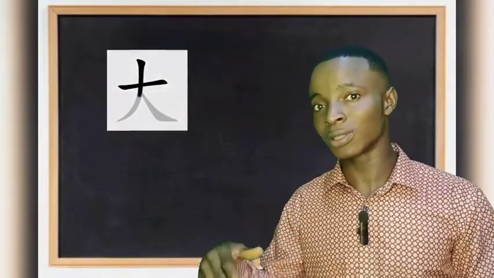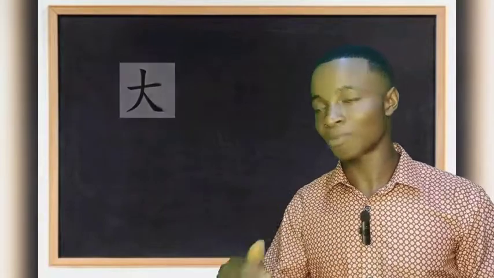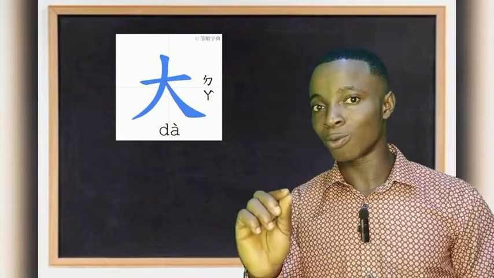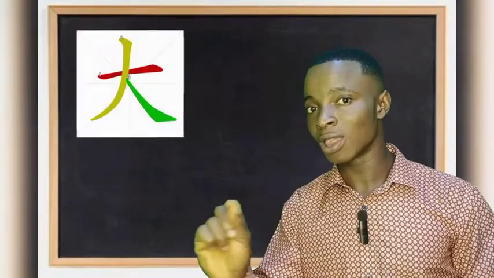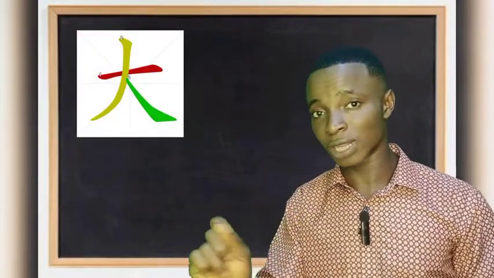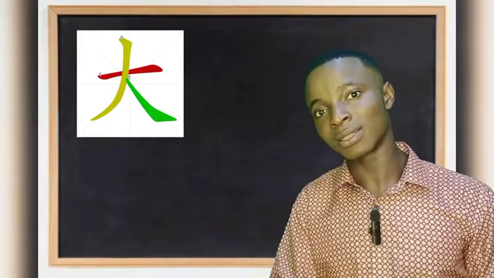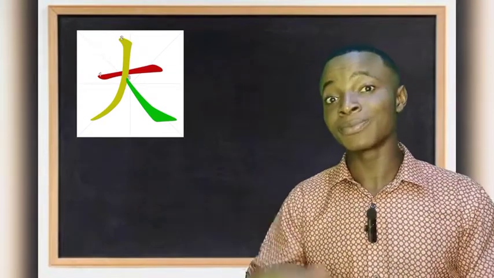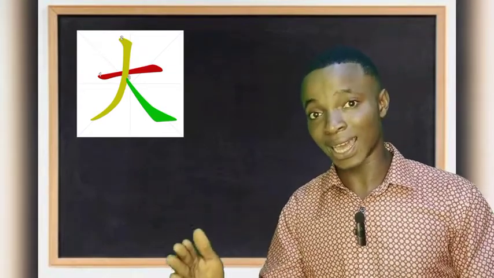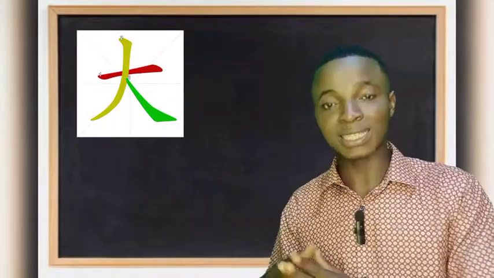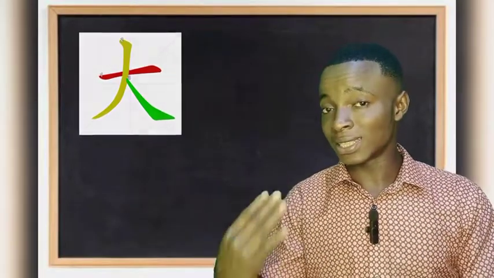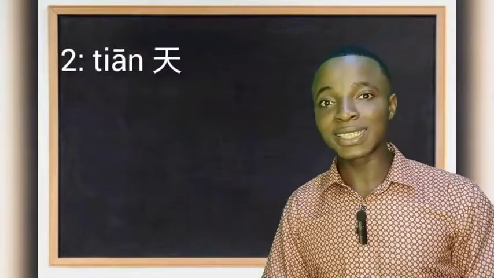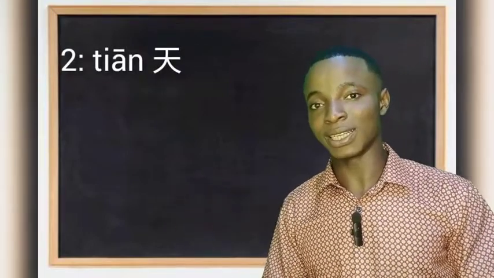We have heng, pie, na. The first one we write is heng, the horizontal stroke. Then pie, the downward left stroke or the left falling stroke. And the last one, which is na, is the last stroke that appears in this character, the downward right or the right falling stroke. Let's see the last character of today.